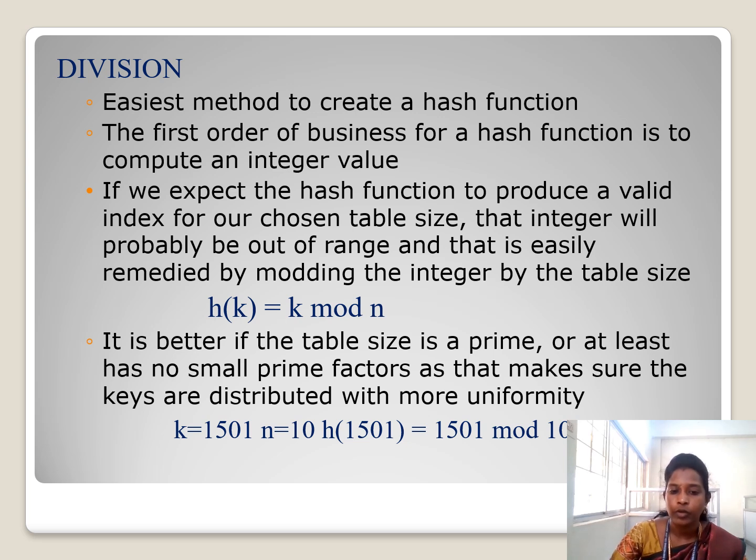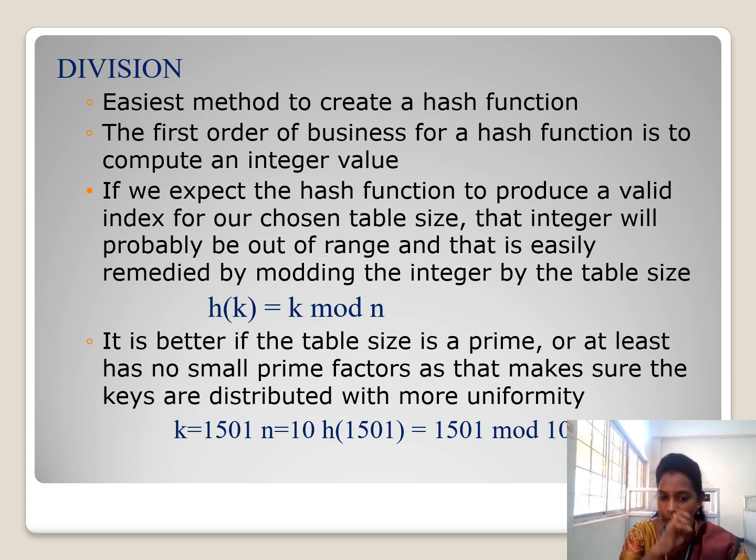For example, here I have given an integer key value of 1501, and our n value is 10, that is our array size, or we can also say table size. Based on this formula we will get some value, and we store 1501 at that particular index.